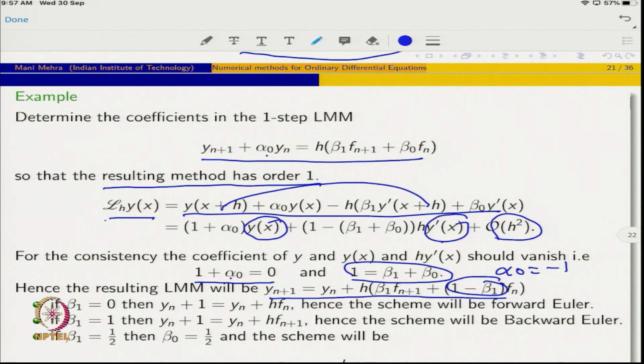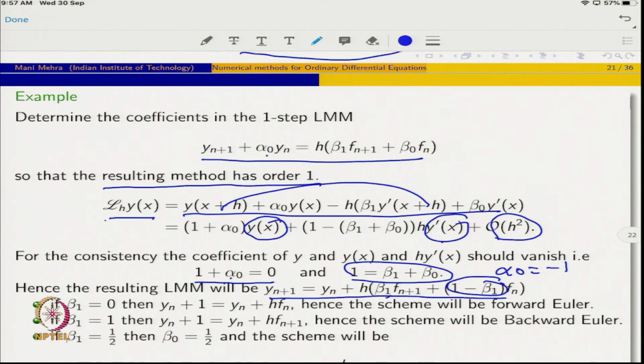So, if you want the resulting method to have order 1, it has given us some flexibility to choose beta 1. So, if I am choosing beta 1 is 0, in that case we end up with an explicit method which is the same as the difference equation which we got in case of a forward Euler method.